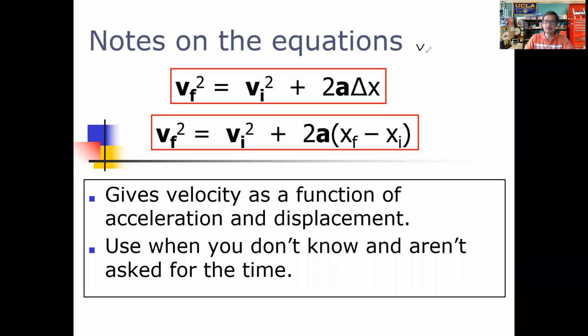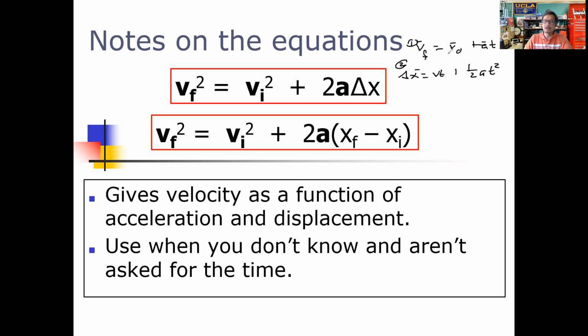The first kinematic equation was V final equal to V initial plus a t, and the second kinematic equation is delta x equal to V initial t plus 1/2 a t squared. Combining these two together and then simplifying, for those of you who are up to the challenge, go ahead and do so.